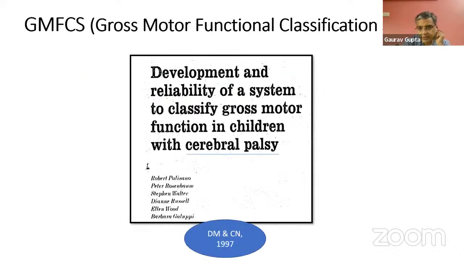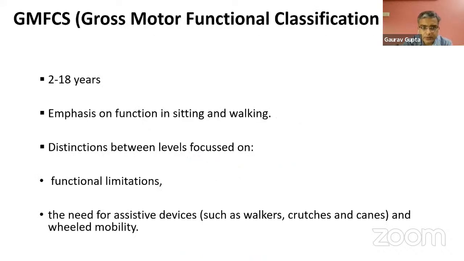It was first described in 1997, and it usually grades kids with CP from 2 to 18 years. It mainly emphasizes the function of the child in sitting and walking, and it tells us about the functional limitations and the need for assistive devices for that particular child.